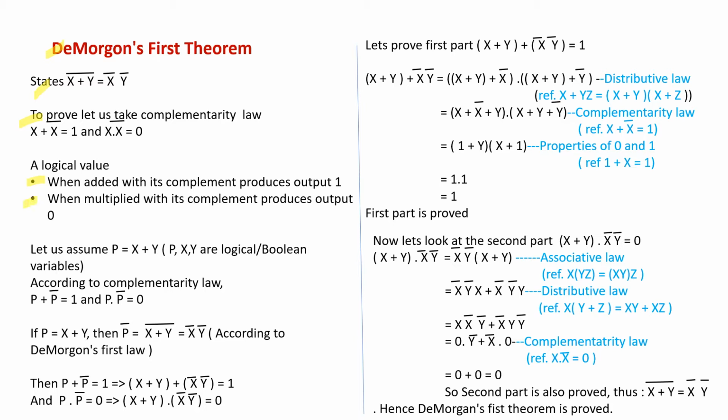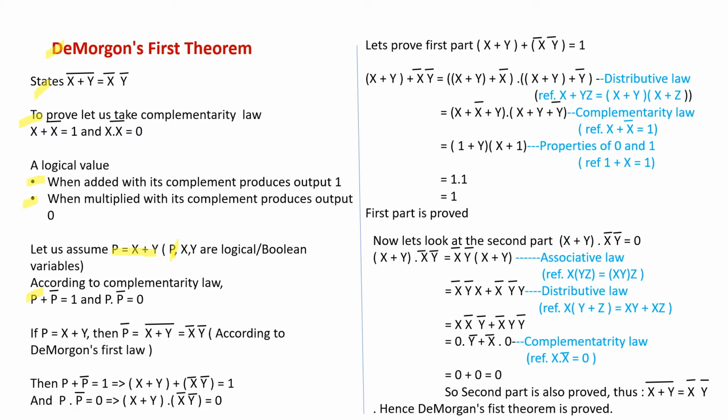So now we are going to assume a logical value p, and we are going to assign the expression x or y to p, where p, x and y are logical or Boolean variables. According to the complementarity law, we can say that p or p complement is equal to 1 and p and p complement is equal to 0.